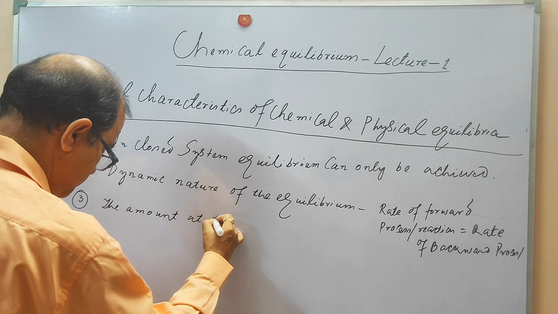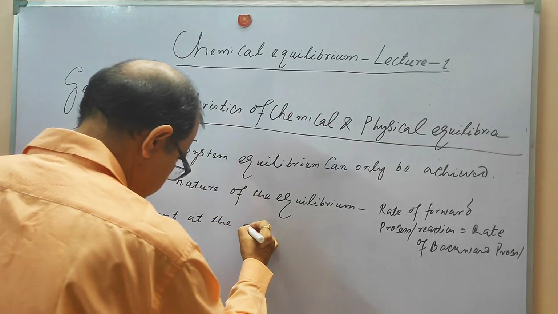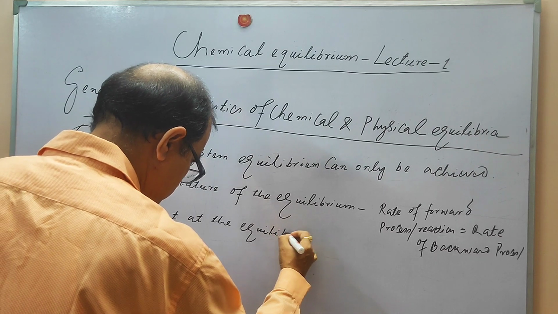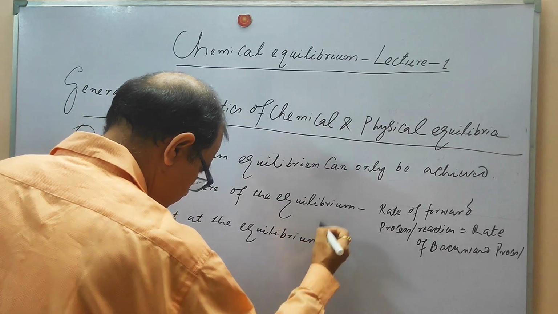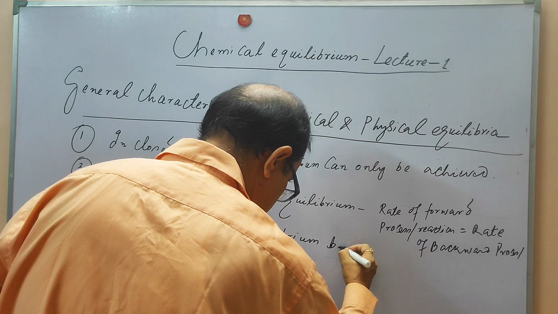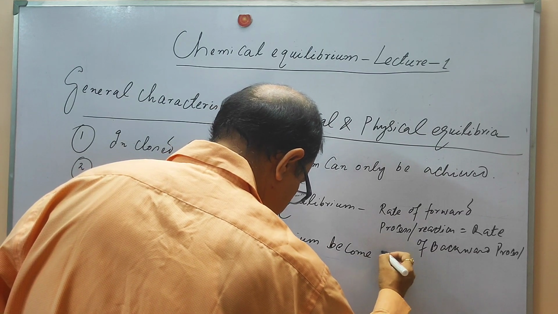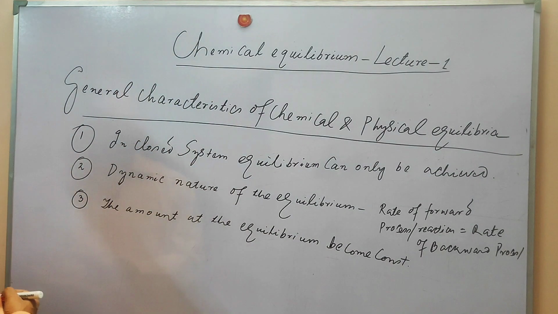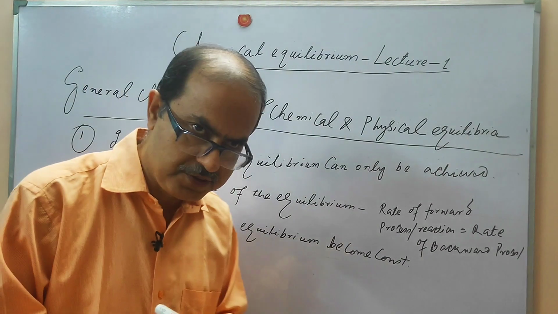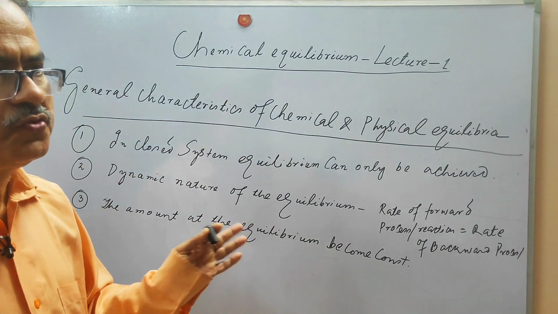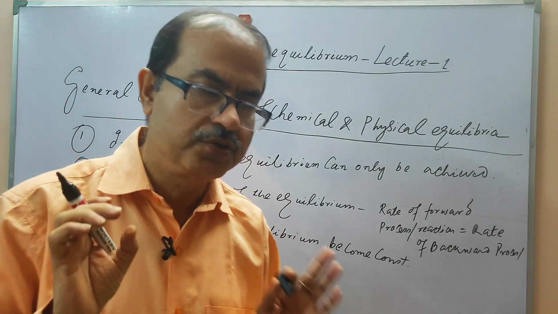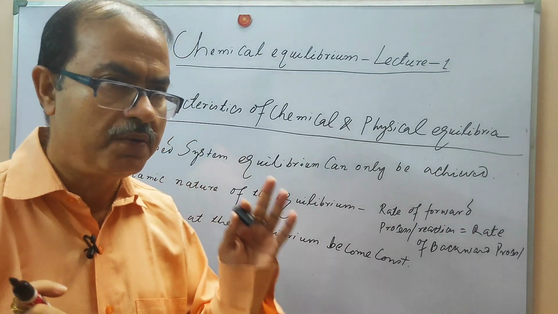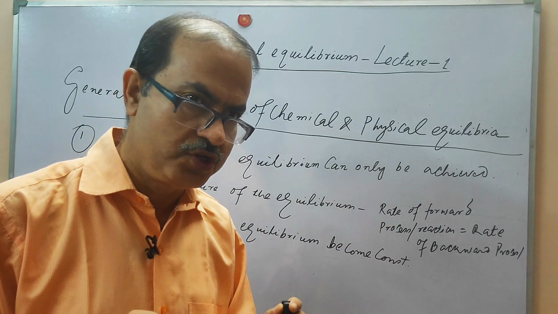Third point, which is again very important: the amount at the equilibrium becomes constant, meaning fixed. We have said the vapor pressure is constant, the sugar in the solution becomes constant, and when you dissolve a gas, the amount of gas becomes constant.